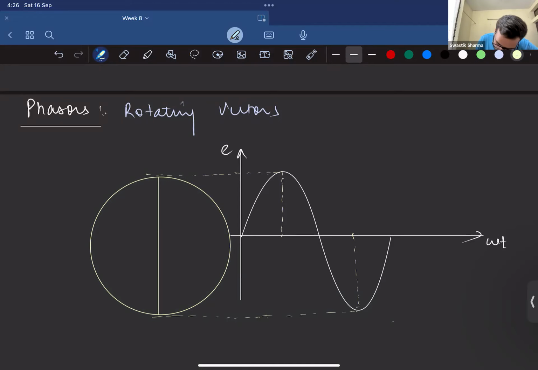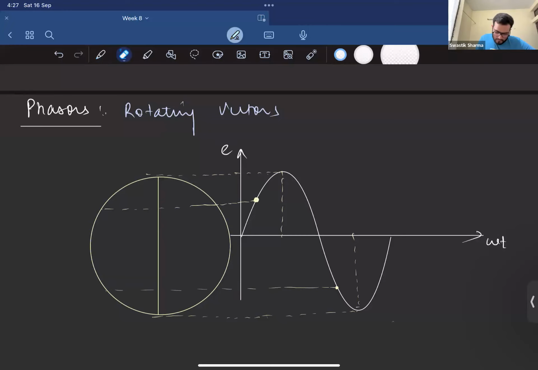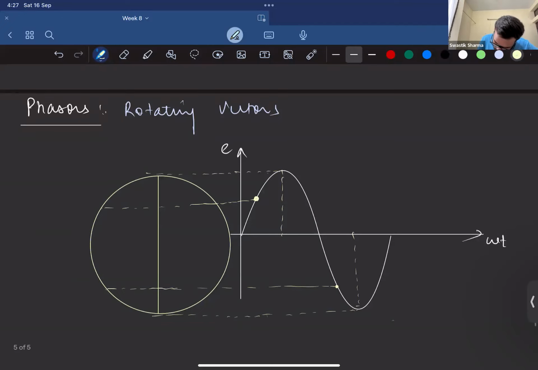Let's say that at one point our EMF is this, and at one point our EMF is, let's say, this. Let's say 0, right? So what exactly are we doing?